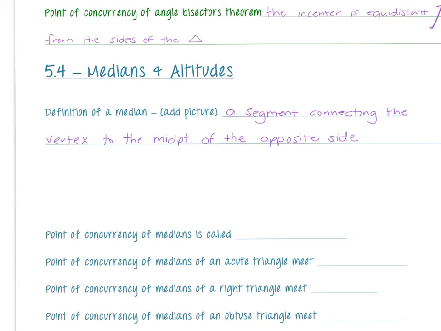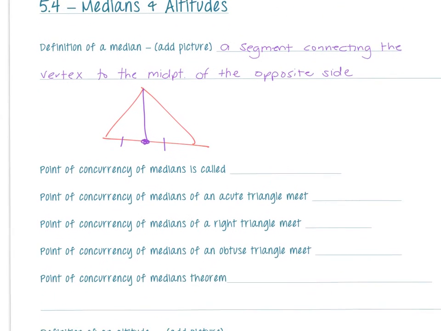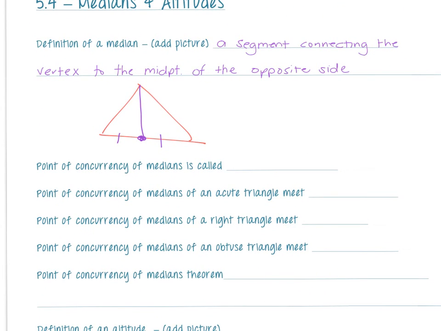All right, so if I actually draw a median, I get a triangle, and then I go from a vertex to the opposite side at its midpoint. And there's three of them. There's three vertices, three opposite sides, so that means there's three in a triangle. What's the point of concurrency of a median? Centroid.